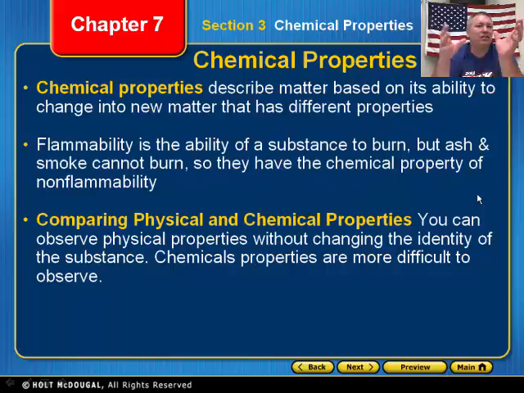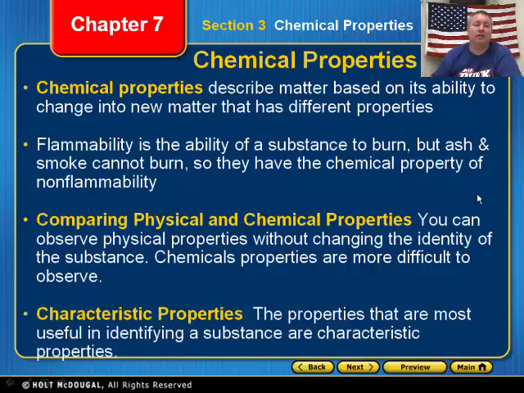In other words, if you didn't know that wood burns, you couldn't look at a piece of wood and say, hey, that'll catch on fire. You can't see the chemical property, but typically you can see the physical property. That doesn't mean you can never see a chemical property, but chemical properties are much harder to observe on substances.